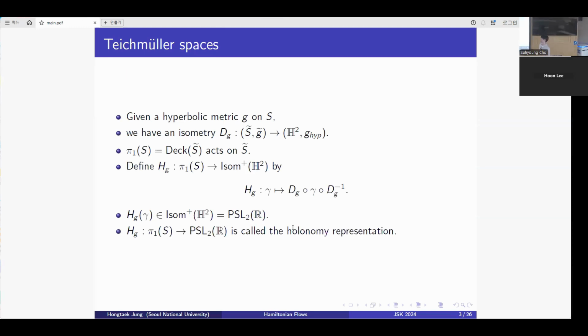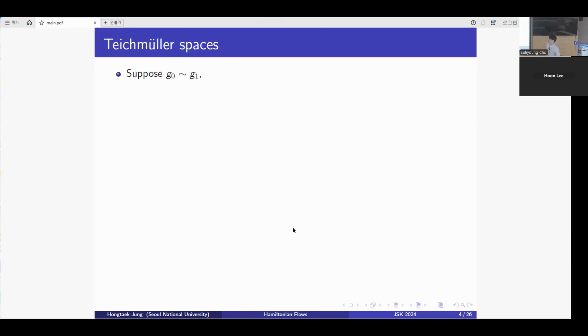So we do this construction for a given fixed hyperbolic metric, but our Teichmuller space is an equivalence class of hyperbolic metrics. So we have to see what happens to this holonomy representation and developing map if we have an equivalent hyperbolic metric. Suppose that we have two equivalent hyperbolic metrics.